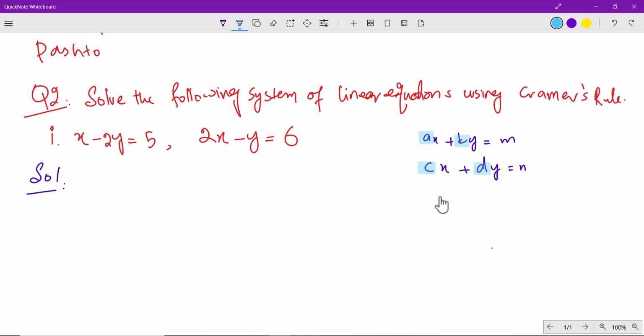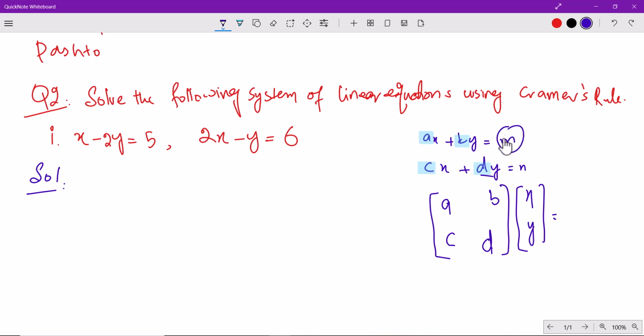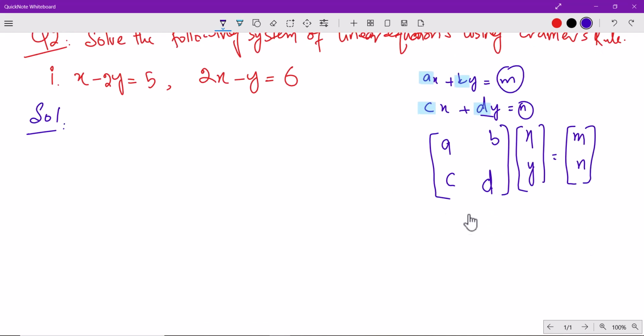The coefficient matrix has rows a and b, c and d, for x and y, and the constants are m and n.